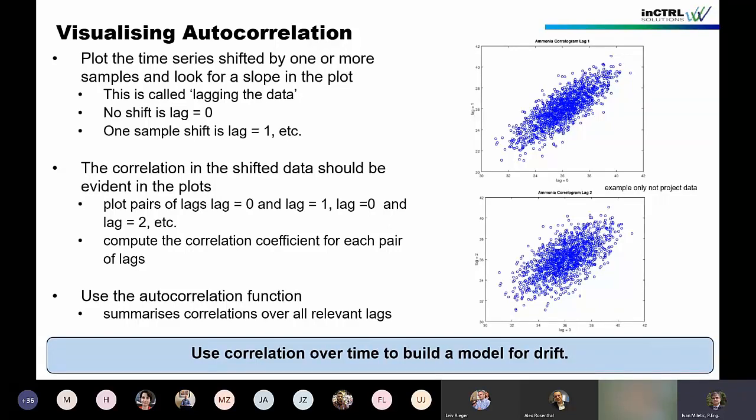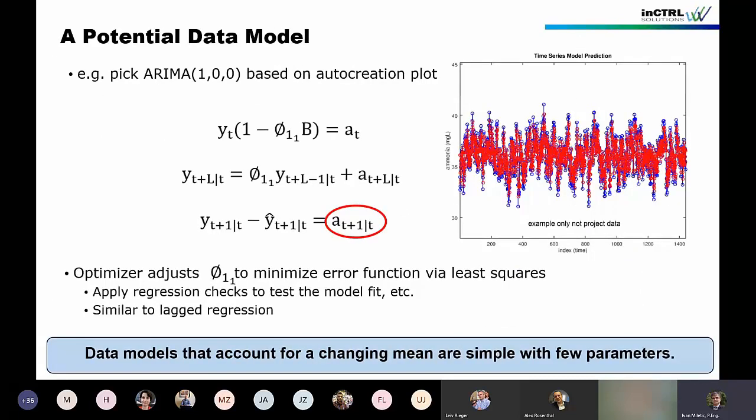Okay, so what this suggests is that you can use an ARIMA model structure, in this case with a single model parameter, to mathematically express that correlation structure. The idea here is that you would generate a one-step ahead prediction, figure out the difference between the predicted and the actual value, and then minimize that to achieve a fit of the model to the data.